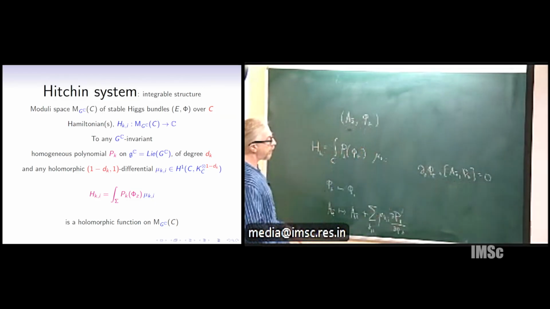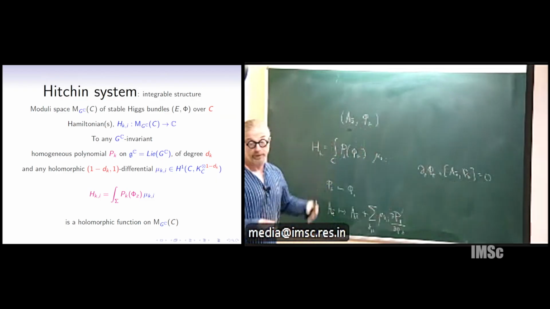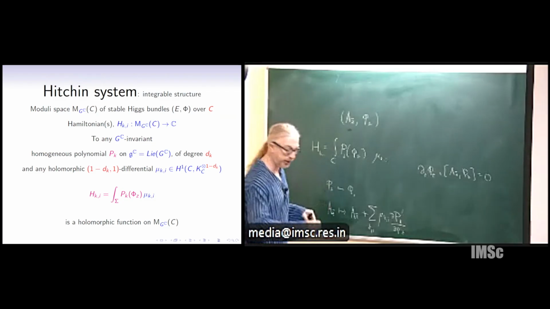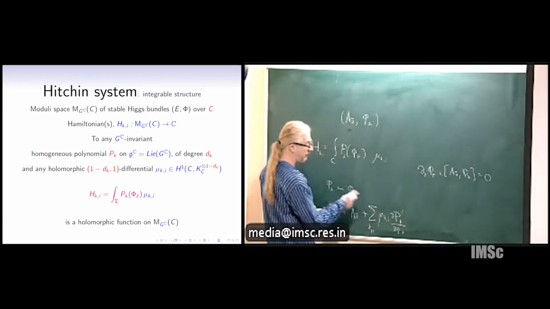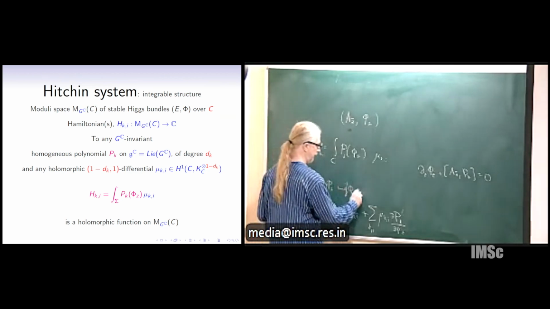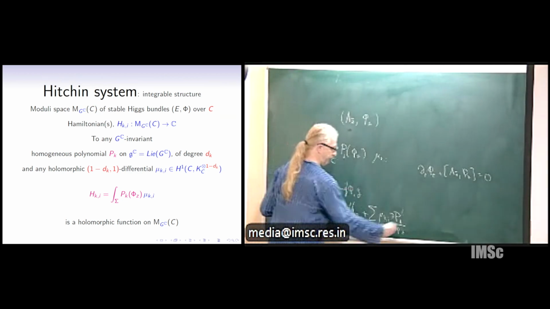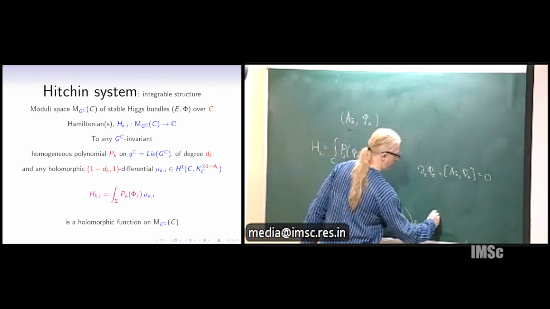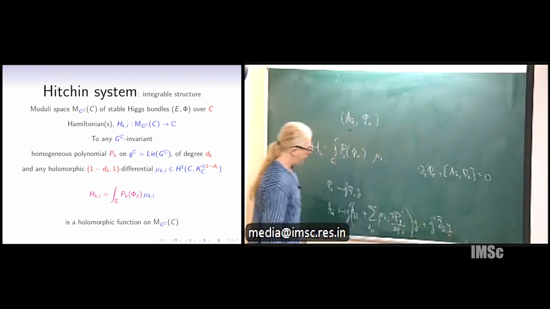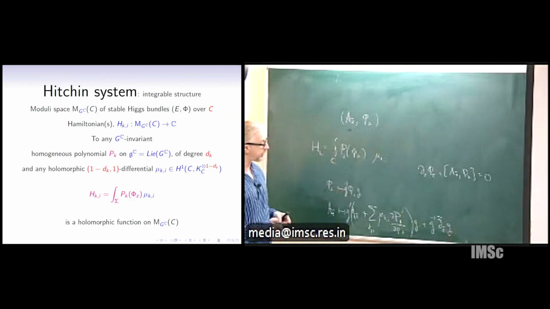But then you might want to have some... We're also supposed to quotient by the action of the gauge group. So there might be some gauge condition. And if you have some gauge fixing condition, then these should be supplemented by compensating gauge transformations, where you adjust g in such a way as to obey the gauge condition.